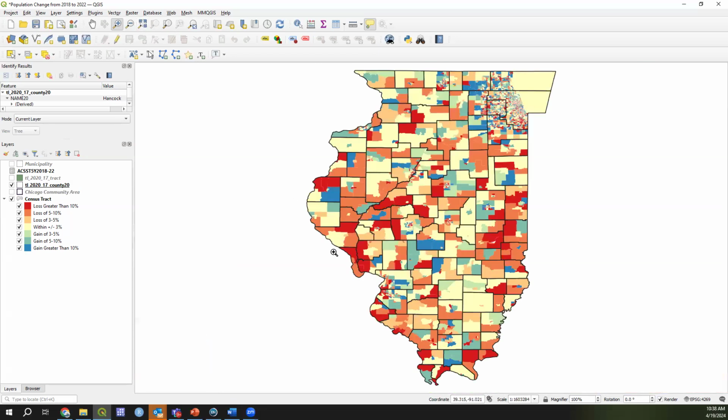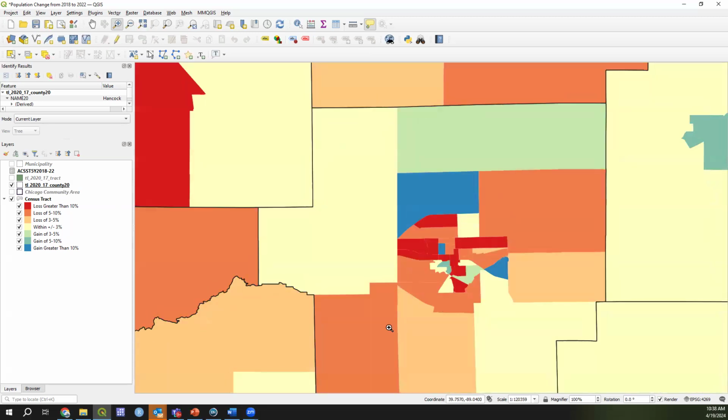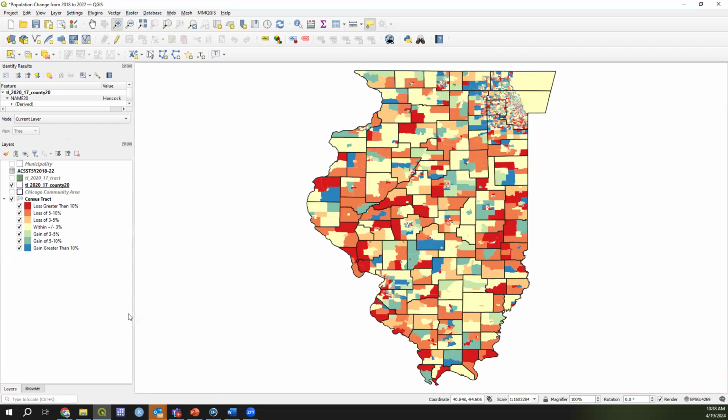And one more example here in Macon County in the middle of the state, where Decatur is. It seems that the city of Decatur also had lost population in the central area of the city. So that's essentially how we can use the census data to look at population change.